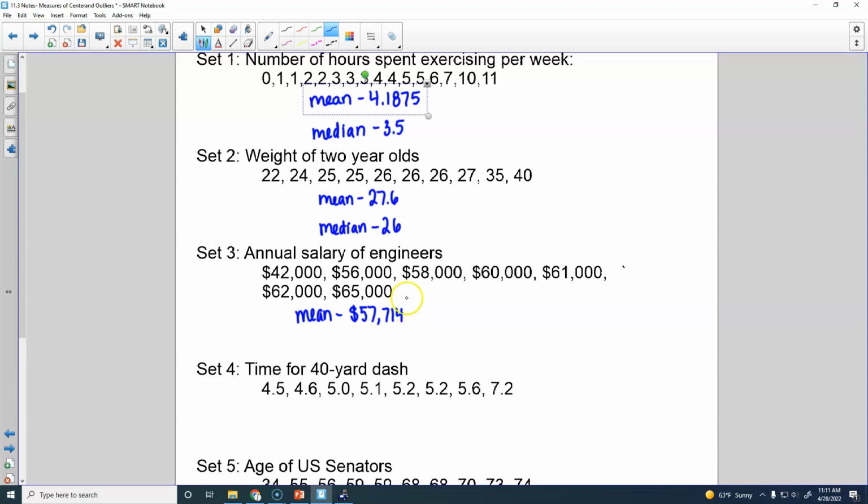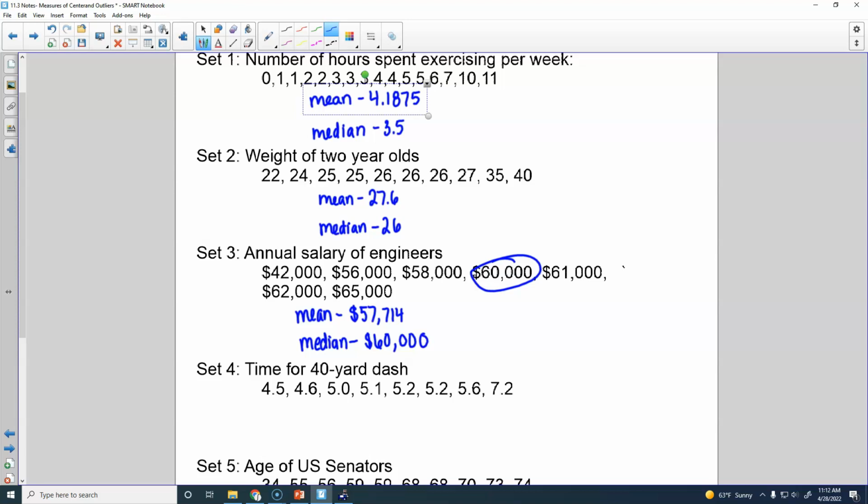But let's just say we round it, and we'll get the same answer. Okay? I worked this out earlier. And what about the median? 60,000. That is correct, because you've got 1, 2, 3, 4, 5, 6, 7 numbers, so that fourth number right there is your middle number. That's right. Okay, questions on the first three?